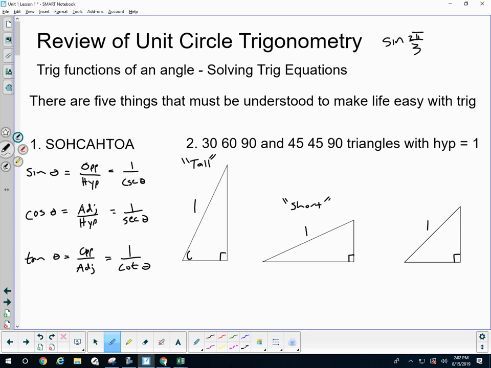Now, the bigger angle is opposite the bigger side length, vice versa. So, same angles, 30, 60, 90. Now, we can use trigonometry to show that for a 30, 60, 90 triangle, the shorter side length is 1/2. The longer side length is √3/2.